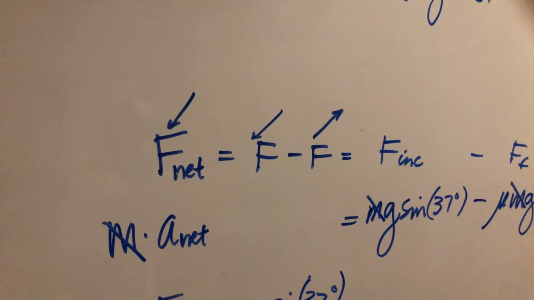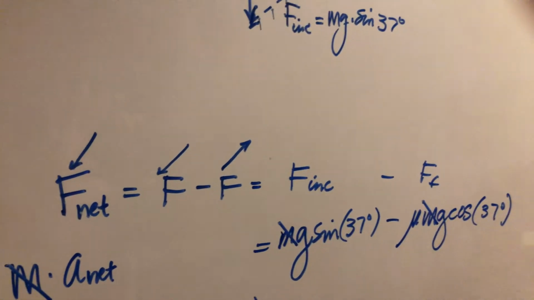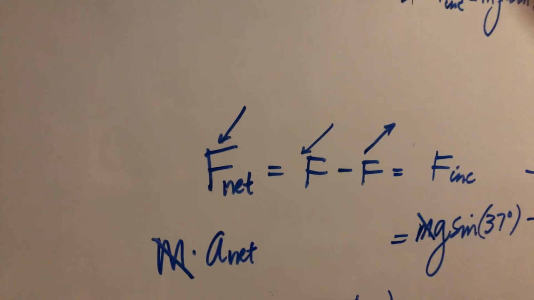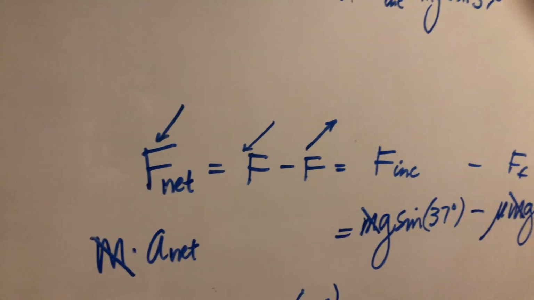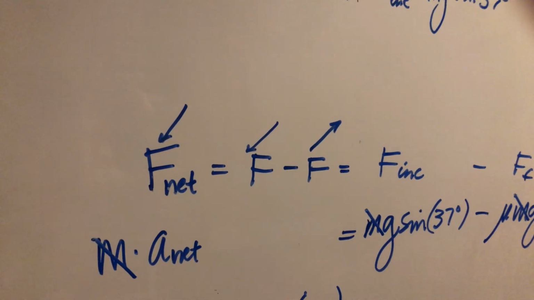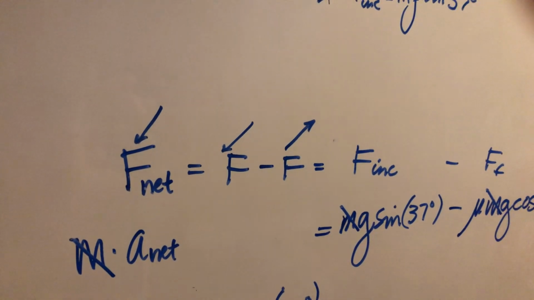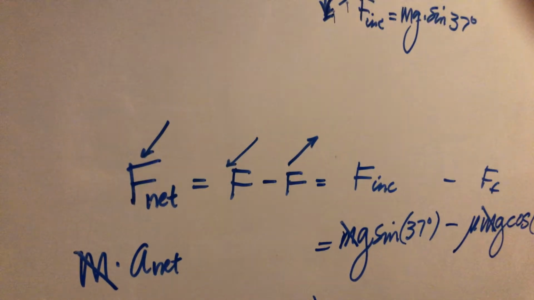Then mg sine 37 is the incline minus the friction force. So then you could solve that for the friction force because then you would know the mass and acceleration down, the net acceleration. That would be equal to mg sine 37 minus friction, and then you solve that for friction.